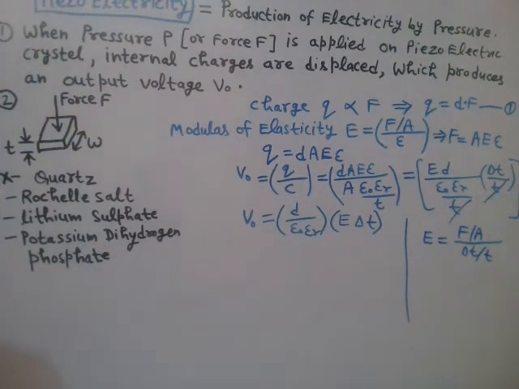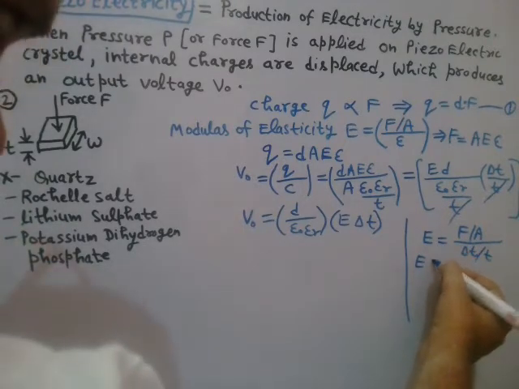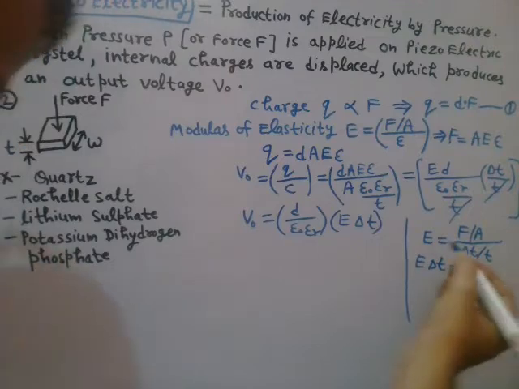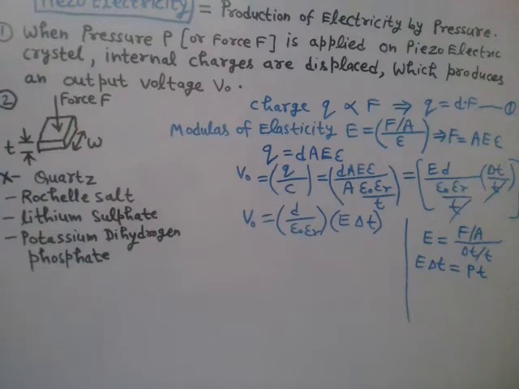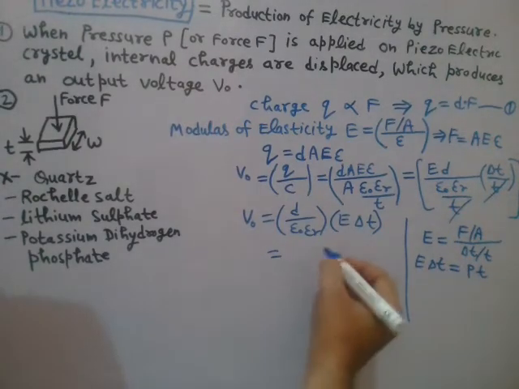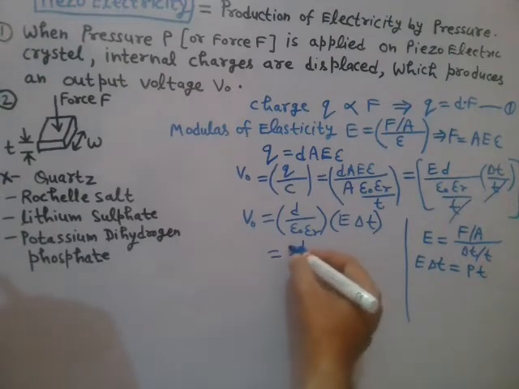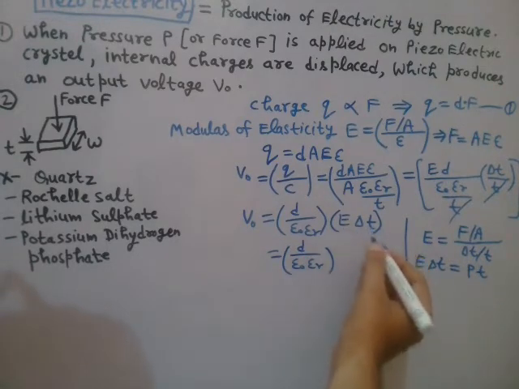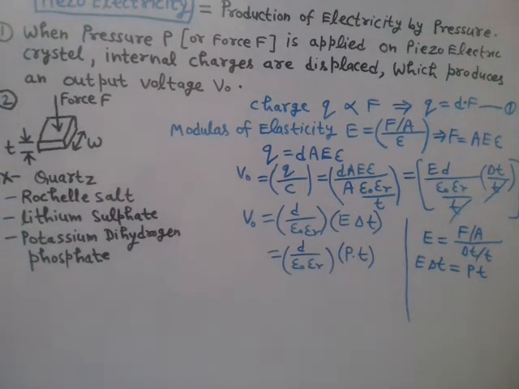So from here you will get E, let me take delta T into left hand side, so E into delta T is equal to P into T, right? So in place of E into delta T, write P into T, right? So D by epsilon naught epsilon r into E into delta T, in place of E into delta T put P into T, so P into T, right?